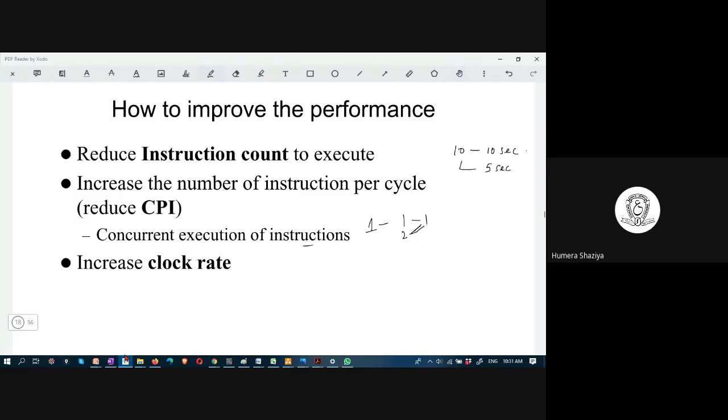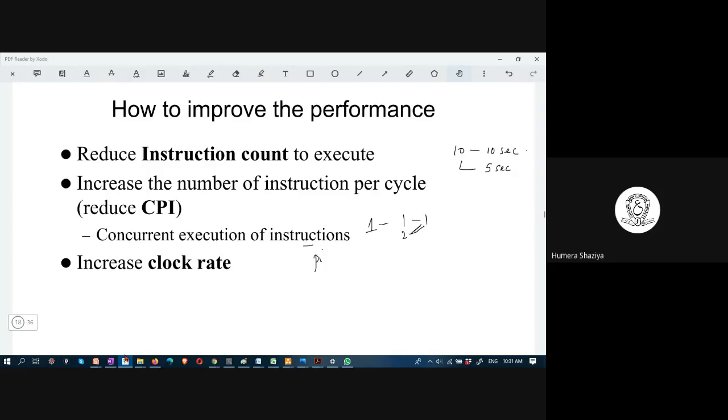Another mechanism through which performance could be improved is concurrent execution. What is concurrent execution? This is parallel processing or pipelining. Simultaneously, several instructions are executed, which is known as concurrent execution of instructions.